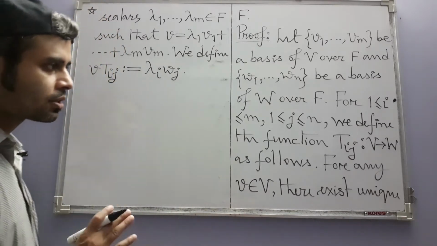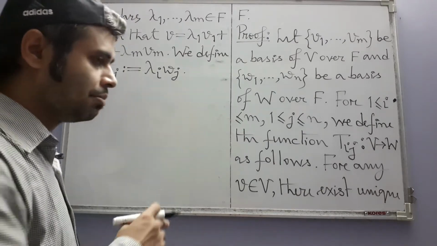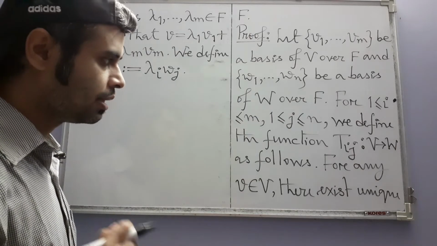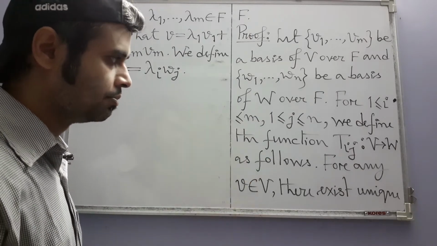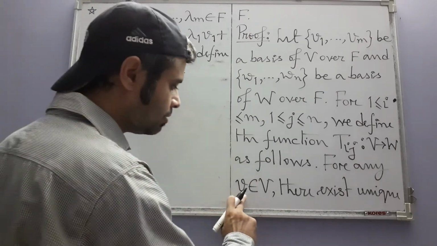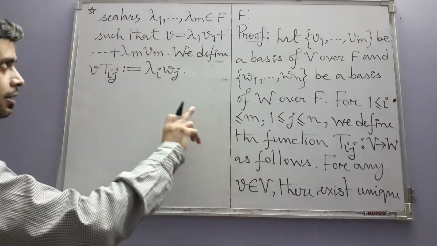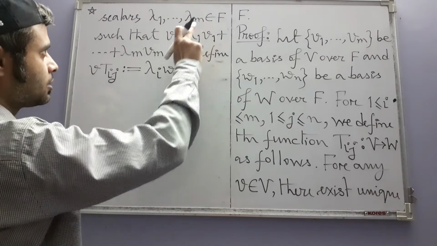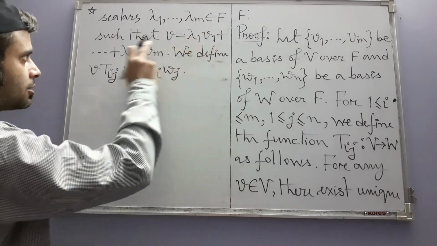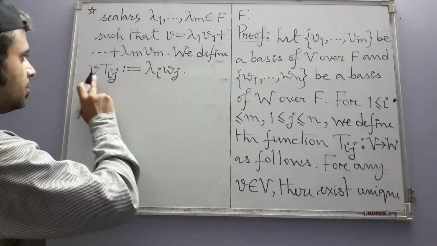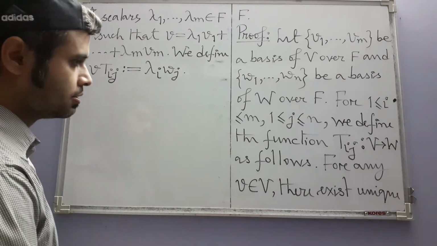Now let us first of all see whether what we have defined makes sense or not, whether Tij actually is a well-defined function from V into W. We have taken one input from the domain V. For that input, we have got unique scalars that allow us to express v as a linear combination like this. Fine. Then our definition looks like this.